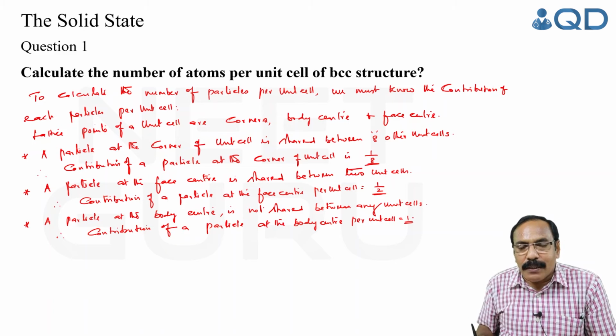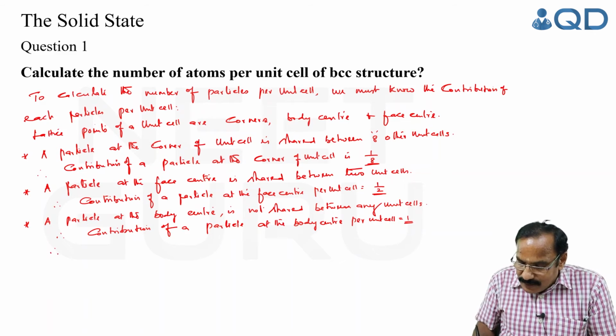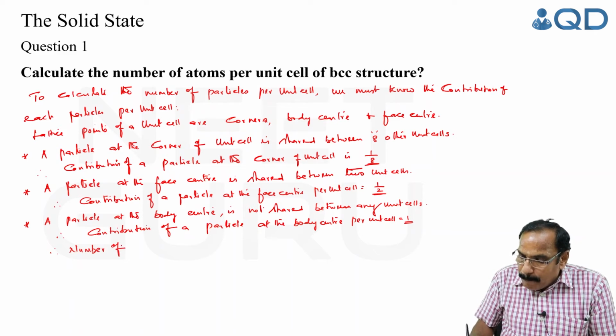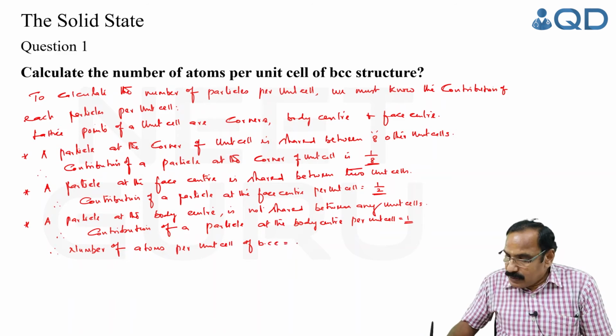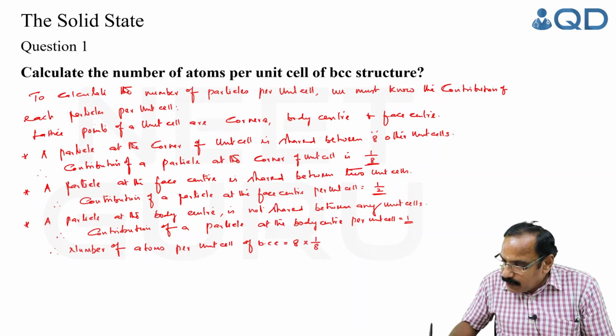So, how many particles are per unit cell of BCC? Therefore, you can easily calculate now the number of atoms per unit cell of BCC: 8 into 1 by 8, that is at the corner, plus 1 at the body center.